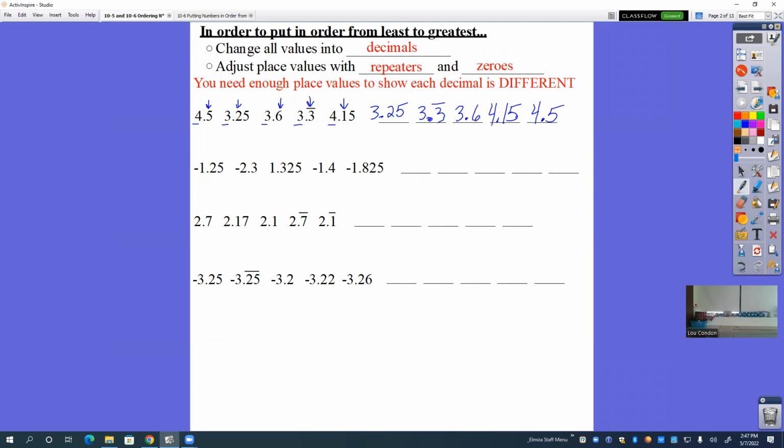And then don't forget when you're dealing with negative numbers that it actually appears to be backwards. The bigger the number, without looking at the negative sign, is actually smaller than the negative number.